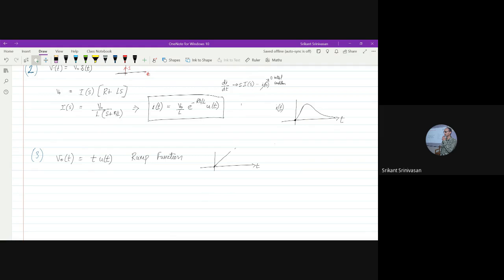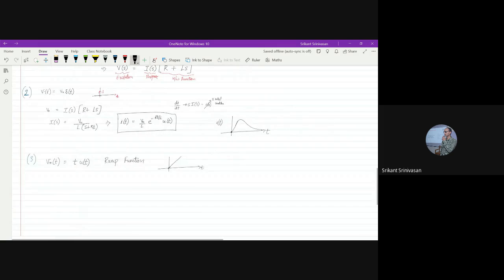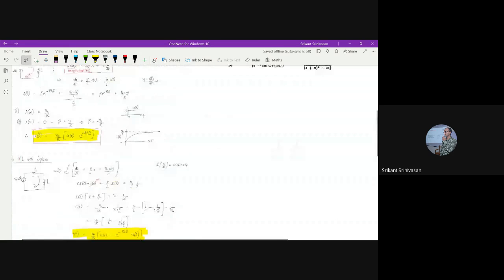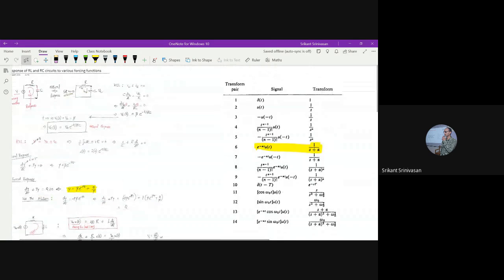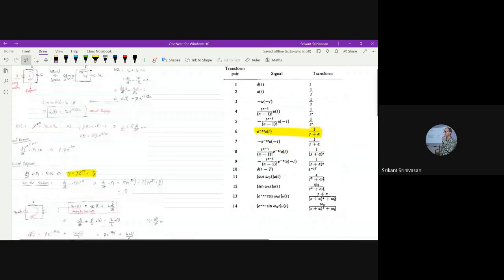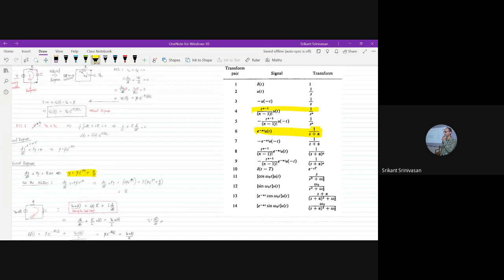So what would be the Laplace transform of this? Can you tell me? Go back to our table. I think we have to use this formula. Our function is t times u of t. So we have to consider the case that n is equal to 2.